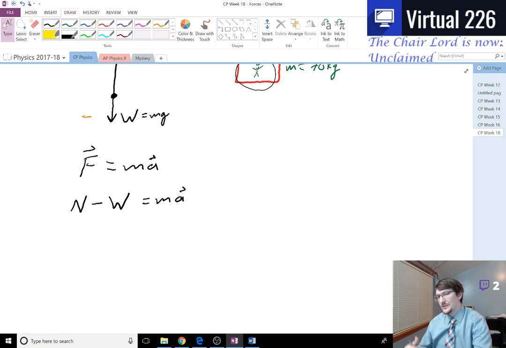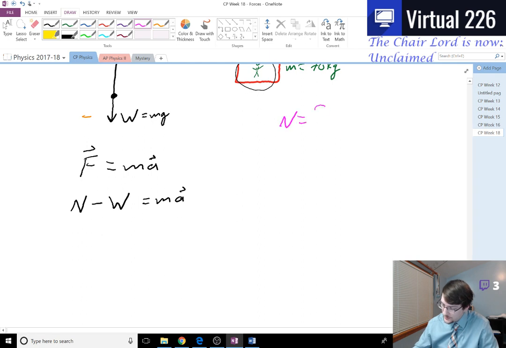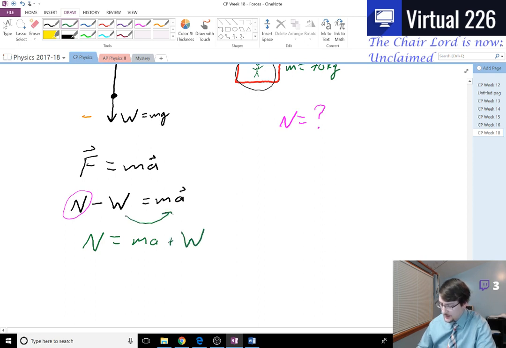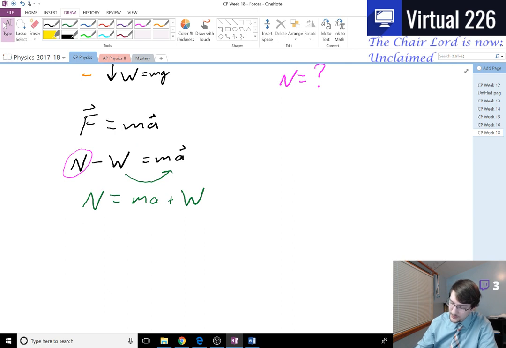Now, you could start plugging in numbers to find the normal force, but I'm going to leave everything as a variable for a second because it's a little easier to move some stuff around. If I'd like to solve for the apparent weight, what is that normal force? How heavy do I feel I am? If I'm looking for N, let's get rid of W. I get N equals ma plus W as I move that W to the other side. And remember, W equals mg.